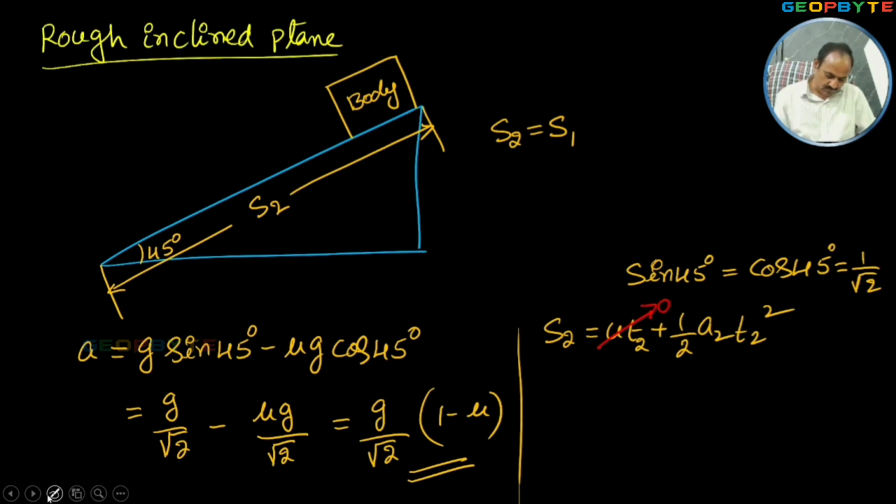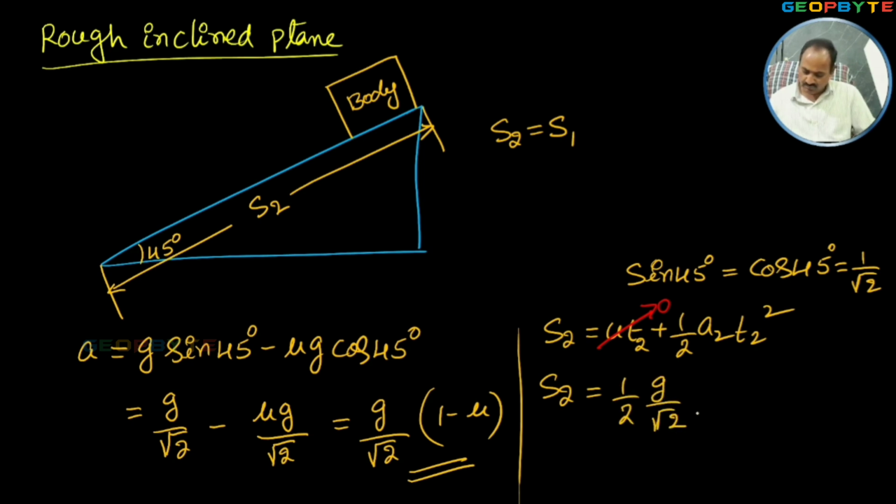Since u equals 0, S2 equals half into a2 value, g by root 2 into (1 minus mu) into t2 square. But the t2 value is n times t1. That condition is given. So it is n square t1 square.